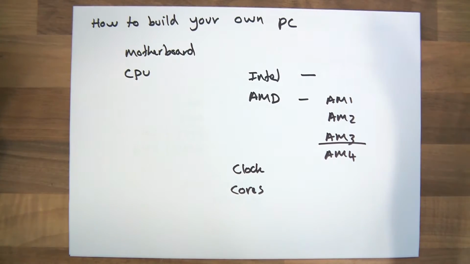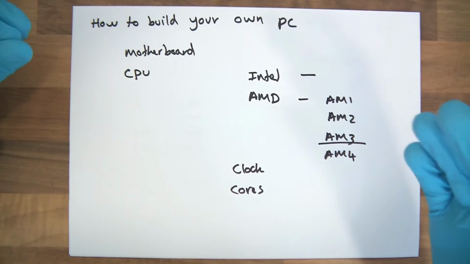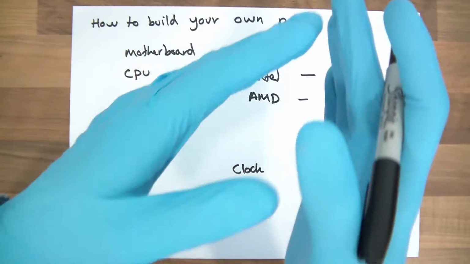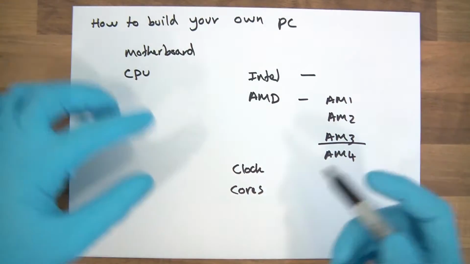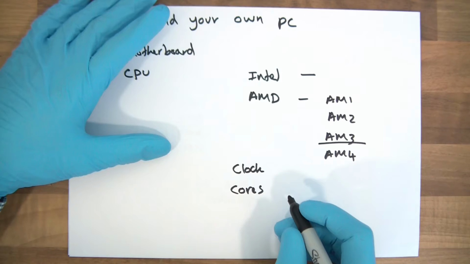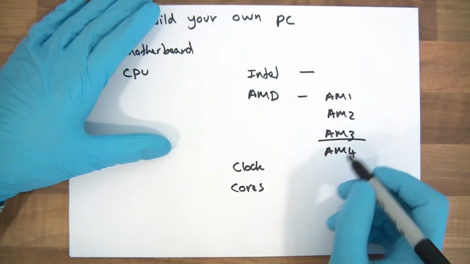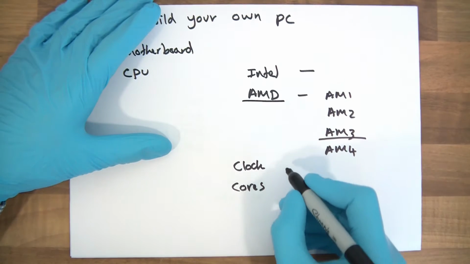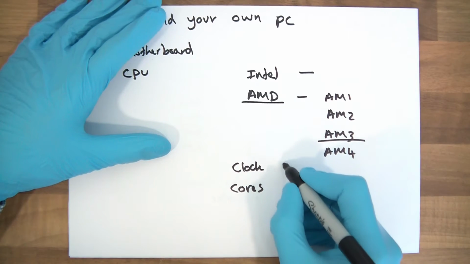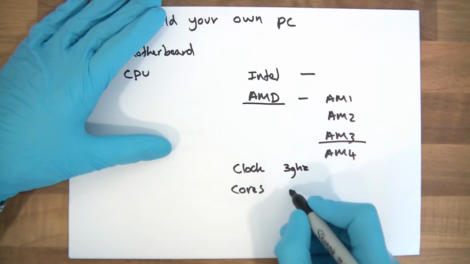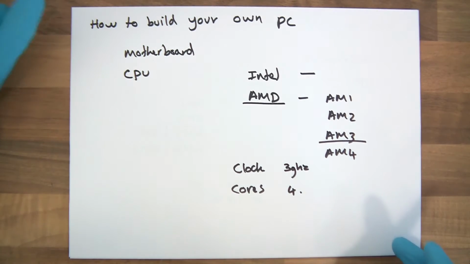So if you're running lots of different applications, or the CPU's workload is split, more cores will be better. For me, I've chosen an AMD, AM3, and the clock on mine is around 3 gigahertz, and there are 4 cores, so it's quad core.